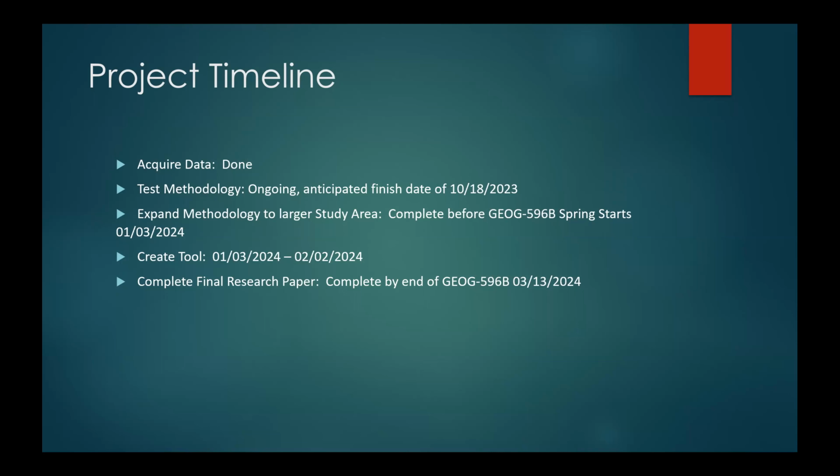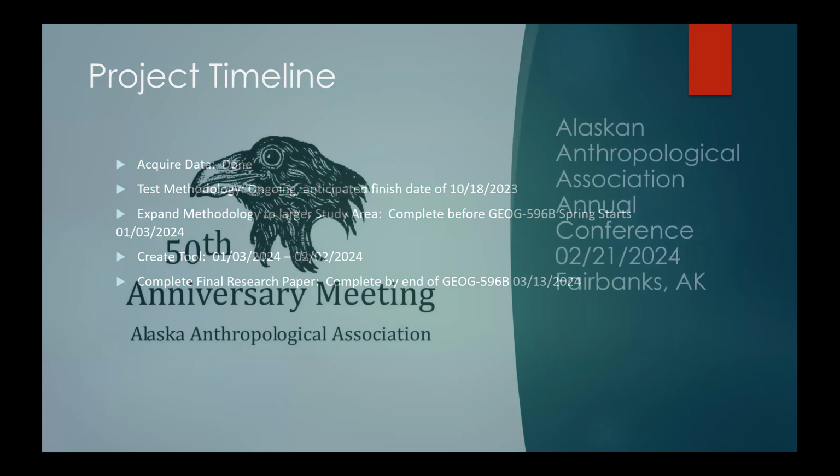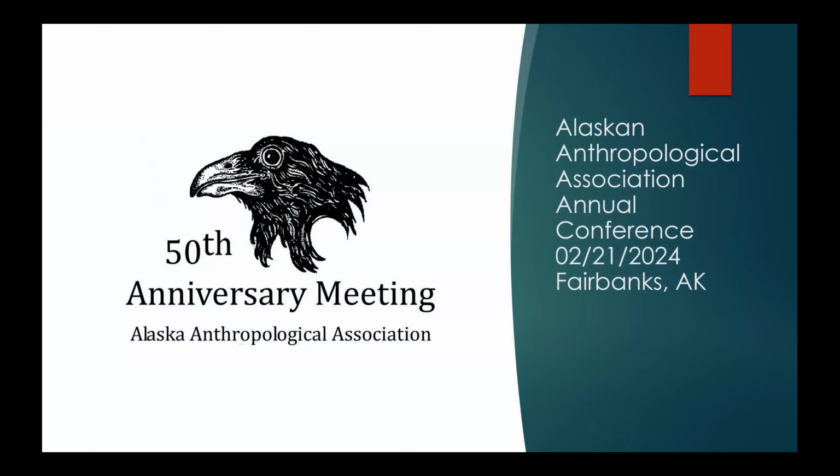I'm still refining it before I start scripting the tool, but I would like to expand it to the larger study area during the 596B course, and I'm hoping to have the tool done by early February, because I would like to present at the Alaskan Anthropological Association meeting in February of 2024. My goal would be to give a presentation similar to this, but have final results, and also be able to present a tool that anybody else can use, even if they don't have a ton of GIS experience.